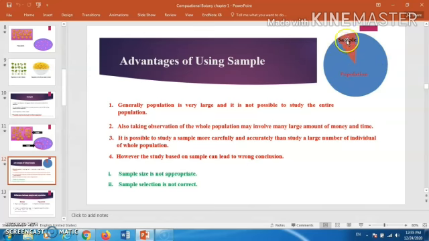That's why we have to take a sample as a representative of that population, but sometimes the conclusion may go wrong, or the selection of the sample size may go wrong. So let us see what the actual problem behind the wrong conclusion is. First, sample size is not appropriate, and second, sample selection is not correct.